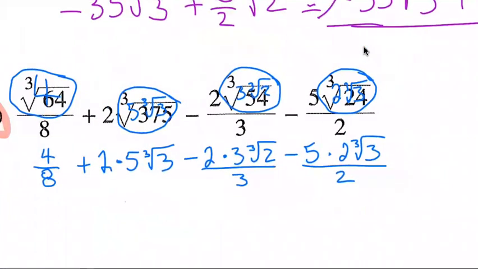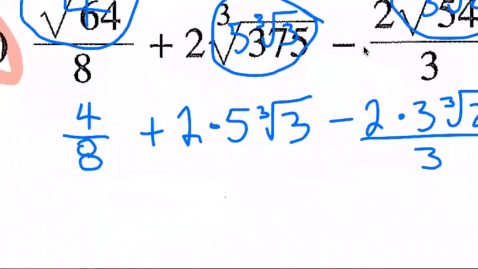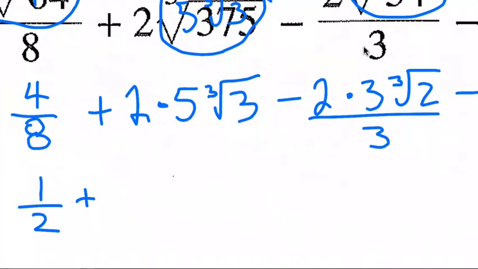So now we have our simplified radicals. Now we can start simplifying those terms together and seeing which ones we can combine. If we reduce 4 over 8, both 4 and 8 divide by 4, so this is going to become 1 over 2. Plus 2 times 5 is 10 cube root 3.